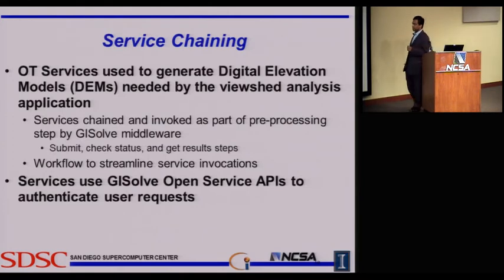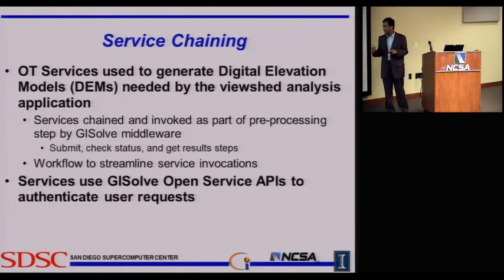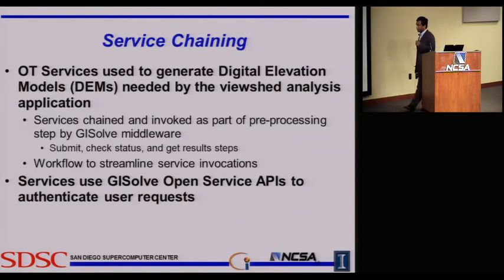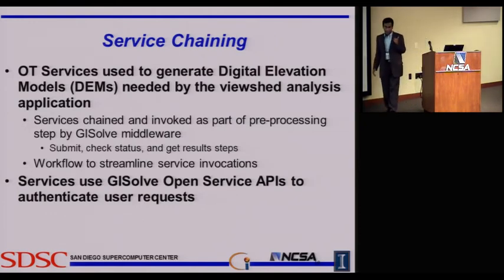The service chaining was done as part of the GISOL middleware using the GISOL Open Services API. We basically streamlined the service invocations, and it relied on the Open Service Security API in order to do these token exchanges. Finally, each of these services is not an instantaneous return.